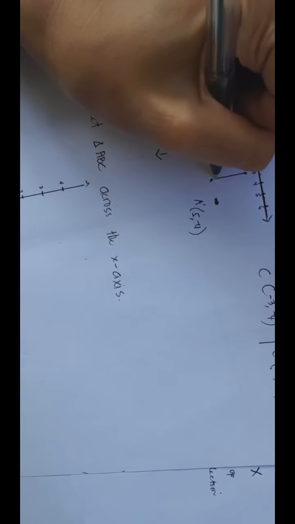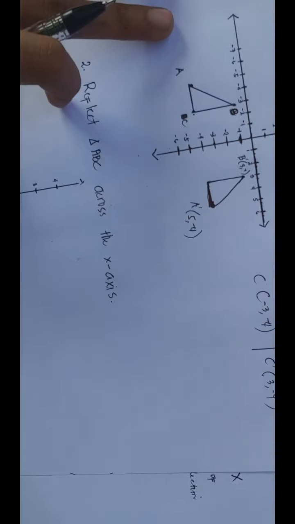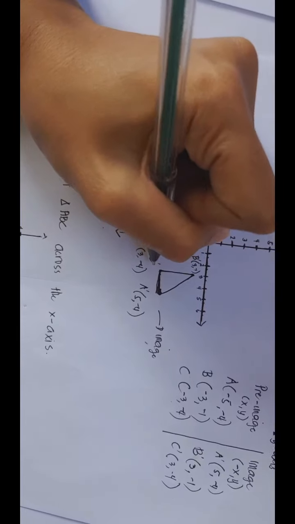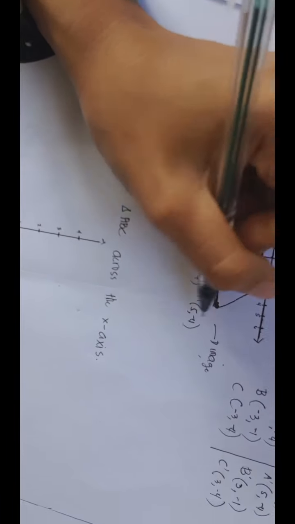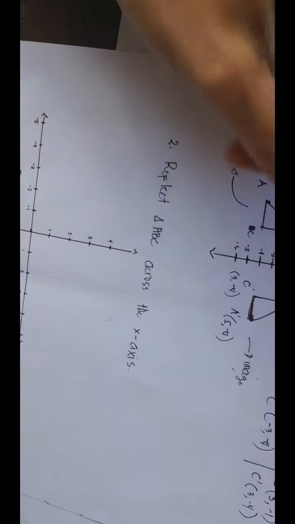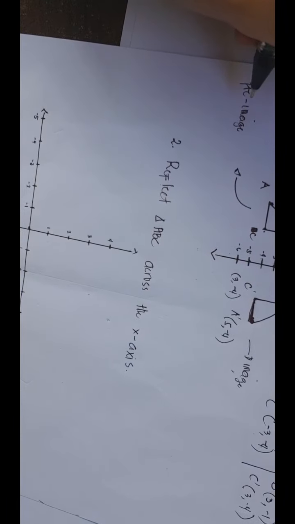Okay, we need to connect the dots here. So this is C prime, (3, -4). Now this figure here is what we call the image, and this figure here is what we call the pre-image.